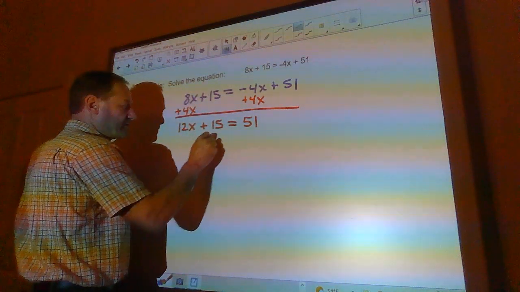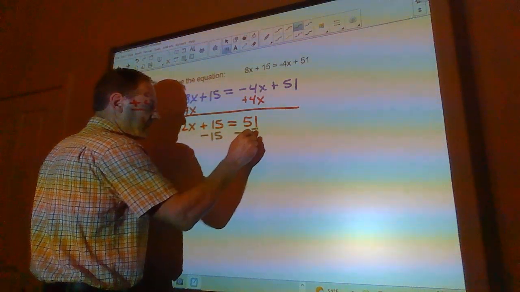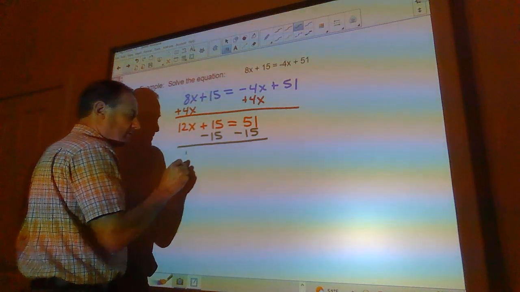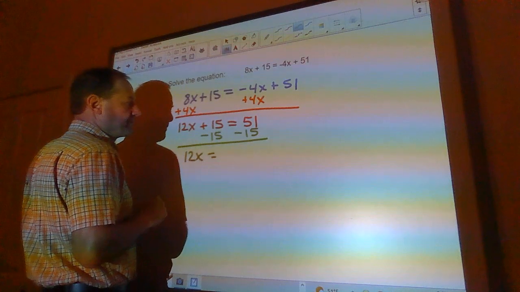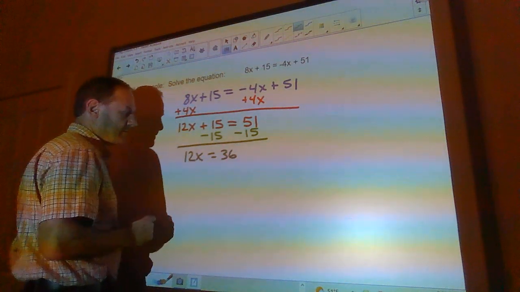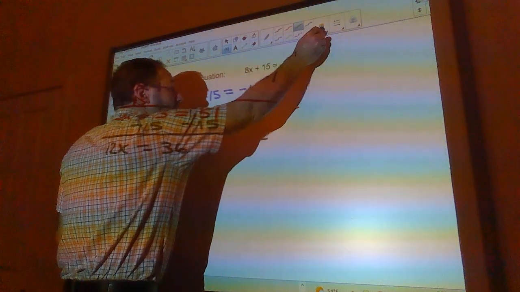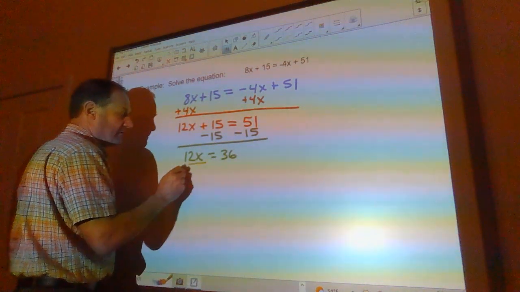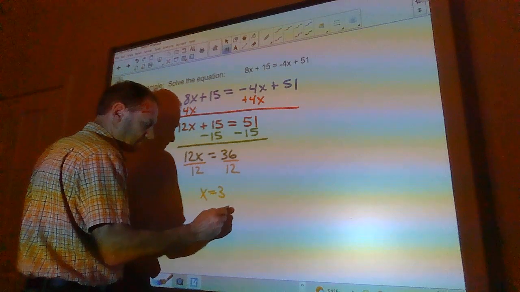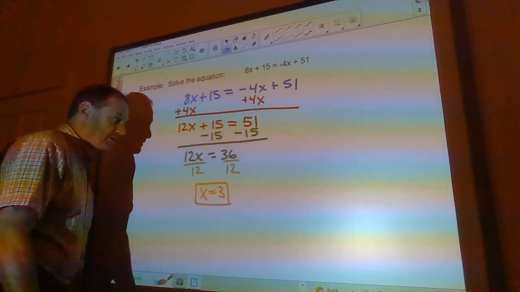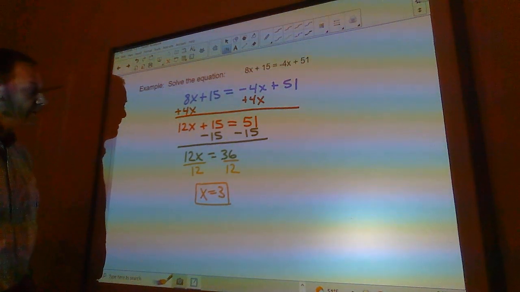Now I'm going to subtract 15 from both sides, so I get 12x is equal to 36. Then I'm going to divide both sides by 12, and I get x equals 3. This should be really easy for you. I've already done lots tougher than this.